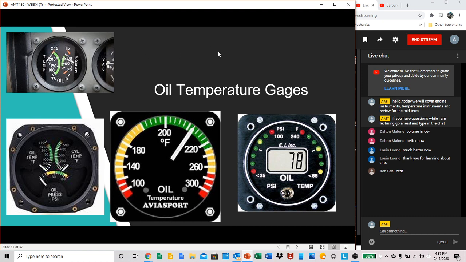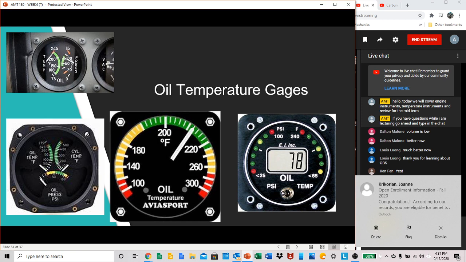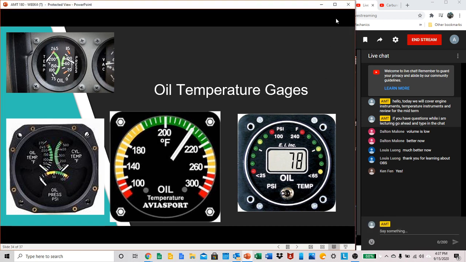And some examples of our oil temperature gauges. You can see there are a lot of different types out there that you'll see. They can all vary slightly, but they all operate in the same way. And you'll usually always see, at first glance, these color range markings.